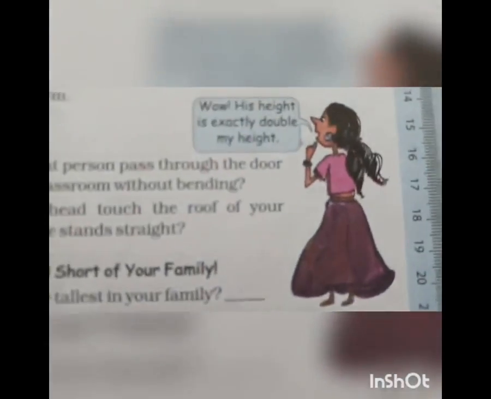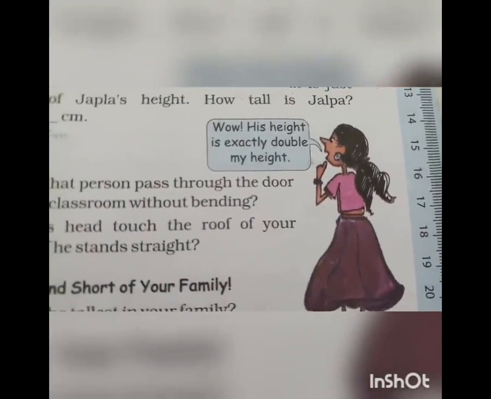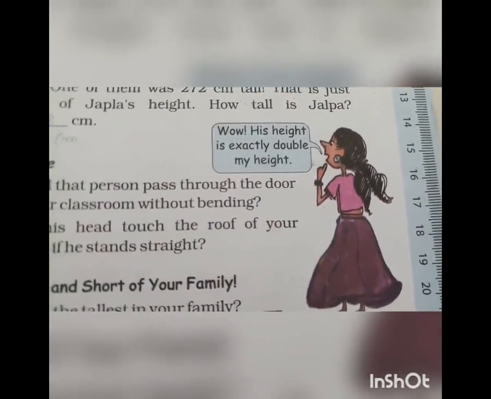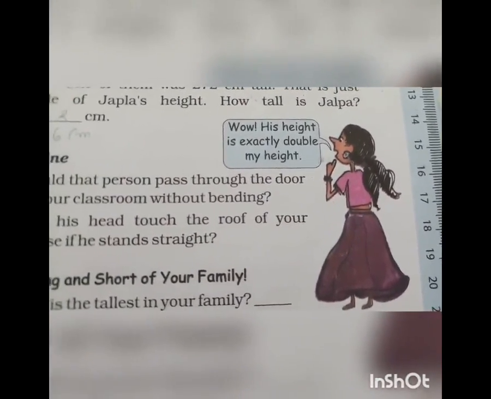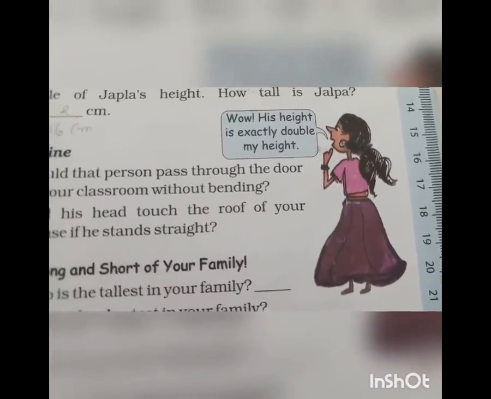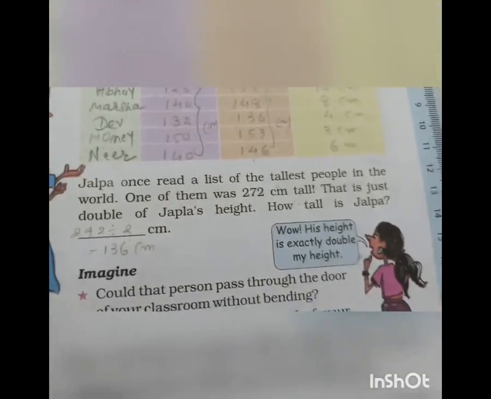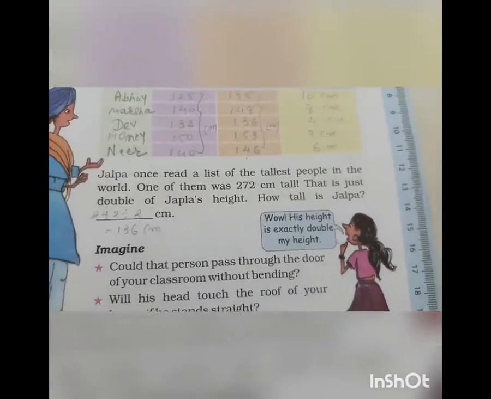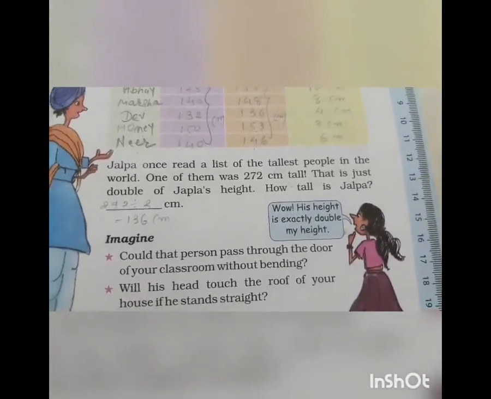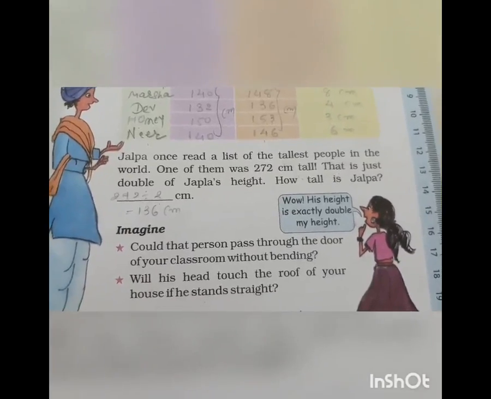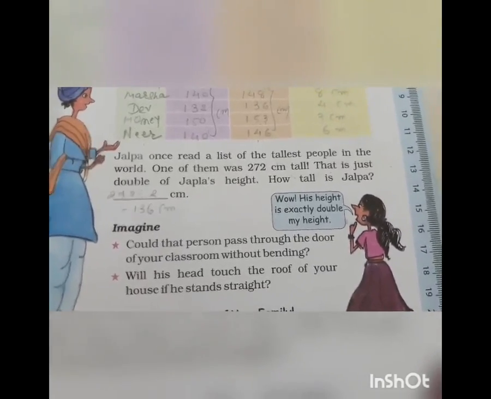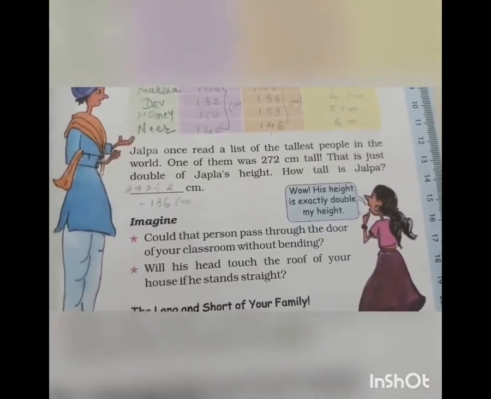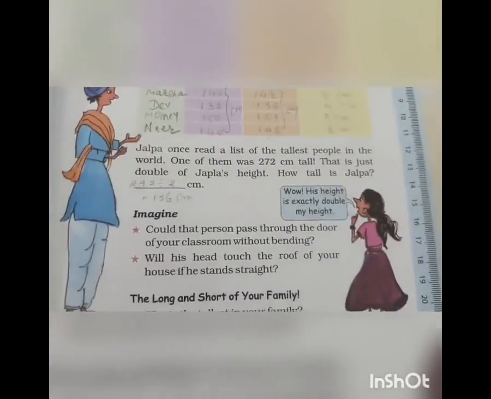And here see, she is saying, "Oh wow, his height is exactly double my height." Now, Jalpa once read a list of the tallest people in the world. One of them was 272 centimeter tall. That is just double of Jalpa's height.